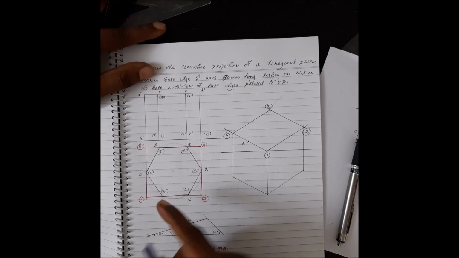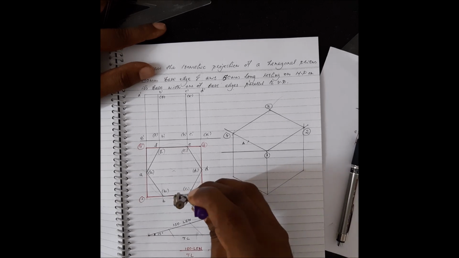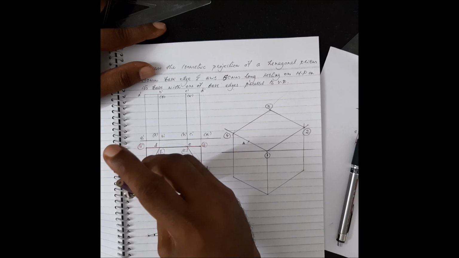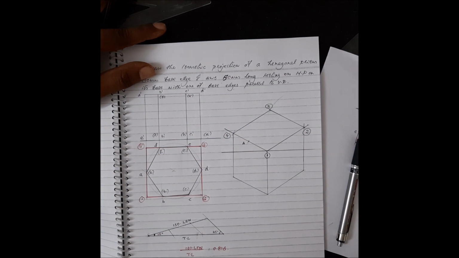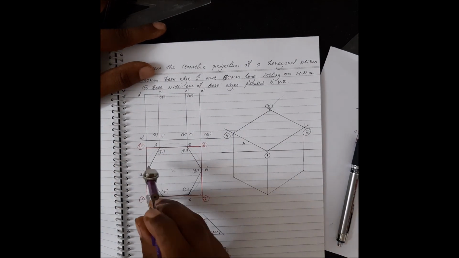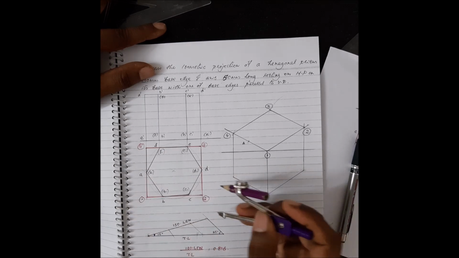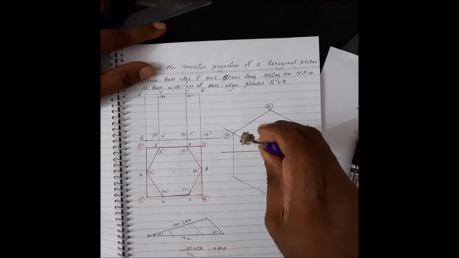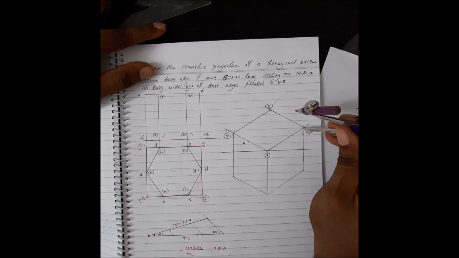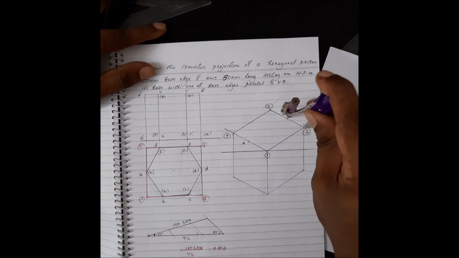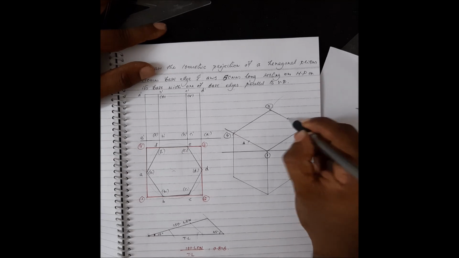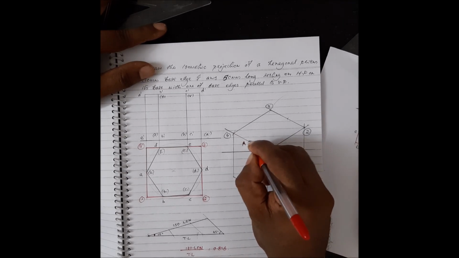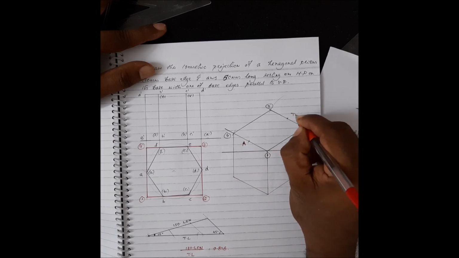When I look at this picture, the distance from 2 to C is the same as 3 to E, the same as this one, right? And the distance from 1 to A is the same as 2 to D. So if this is the distance for A, this should be the distance for D. So this is A and this is D.